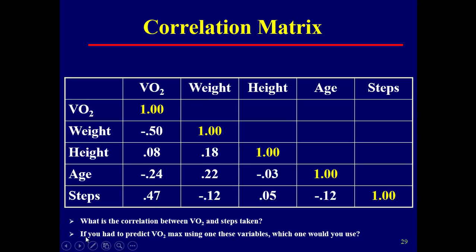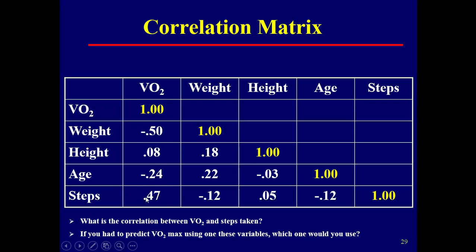The next question says, if I had to predict the VO2 max using one of these variables, which one would we use? Well, I'm going to look down the column here, which indicates VO2 max, and I'm going to look for the correlation which is the highest absolute value.